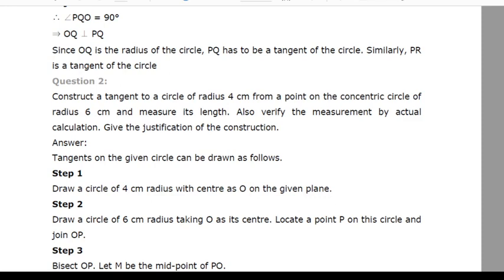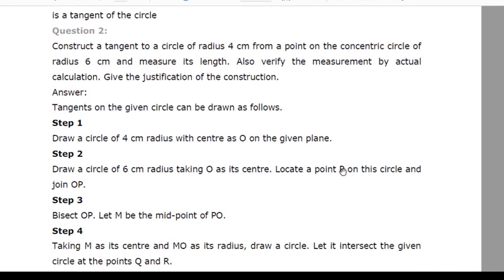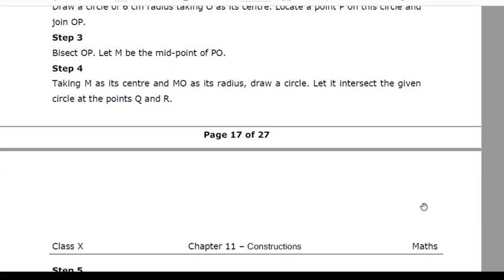Tangent to a circle of radius 4 centimeter, from a point on the concentric circle of radius 6 centimeter, and measure its length. Also verify the measurement by actual calculation. First you draw the circle here.